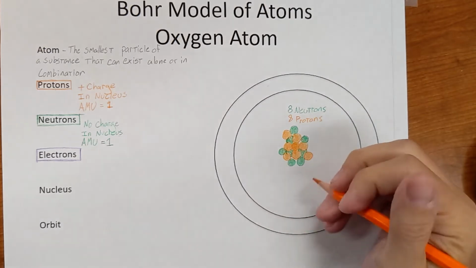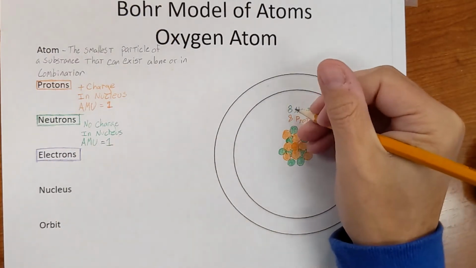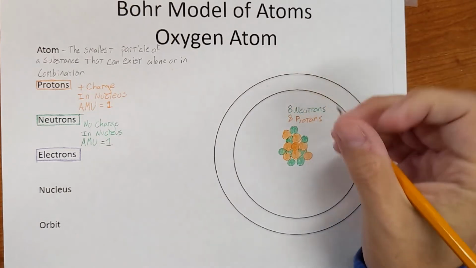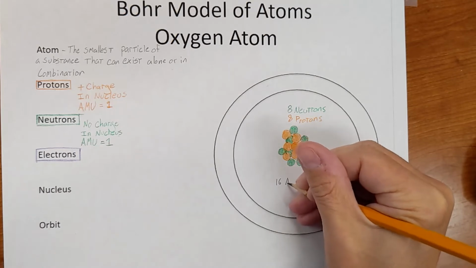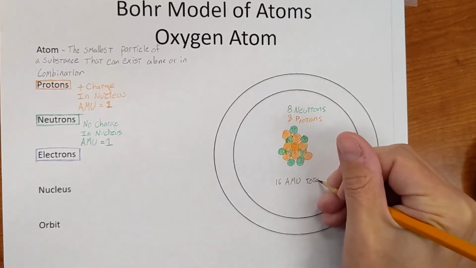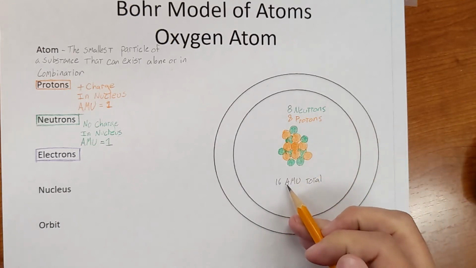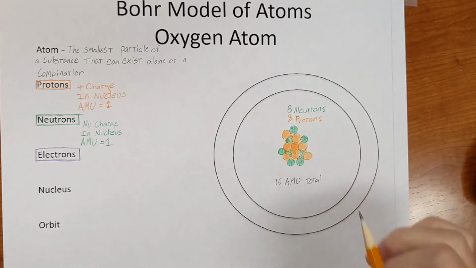So our AMU, and I'm just going to use a regular pencil for this, 8 plus 8, would be 16. So 16 AMU total. So there's a mass of 16, or 16 particles in the nucleus of the atom.